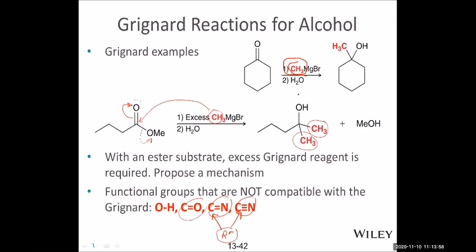And they are slightly different. With a ketone, it's a 1-to-1 ratio. A reaction with an ester is a 2-to-1 ratio, at least 2-to-1: 2 parts of the Grignard reagent with 1 part of the ester. So that's the Grignard reaction.